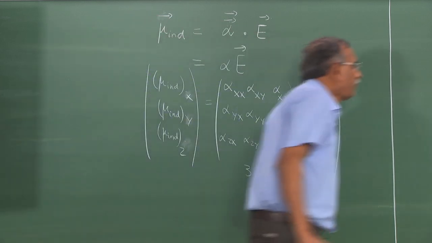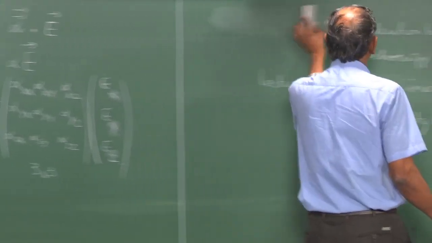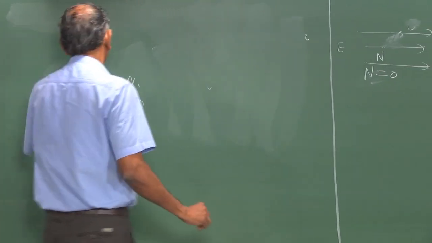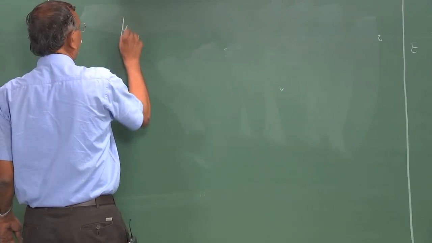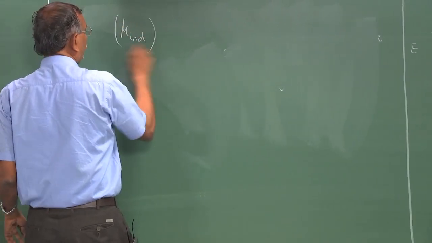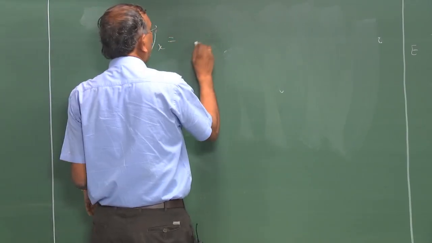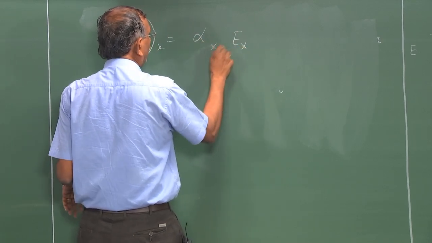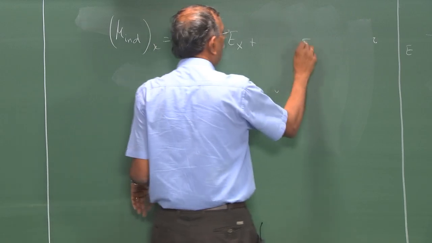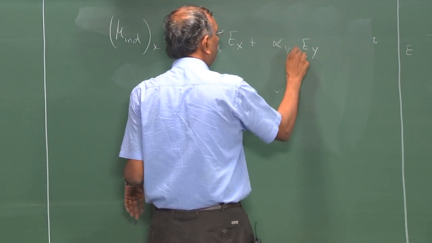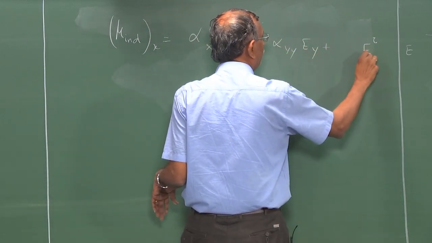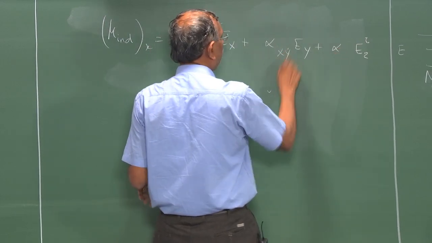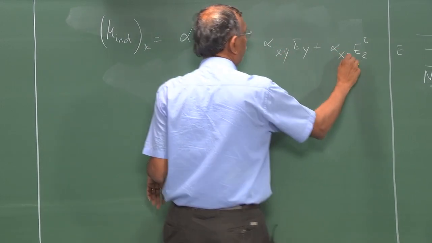What does this mean? This essentially means that the induced x component of the dipole moment, mu induced x, is given by the effect of Ex alpha xx, Ey alpha xy, and Ez alpha xz.